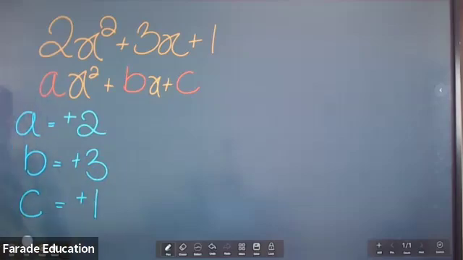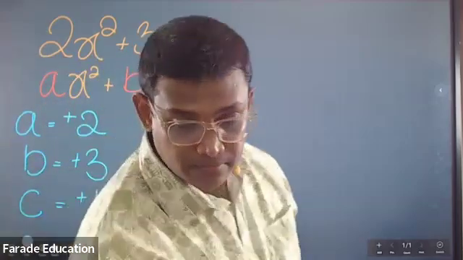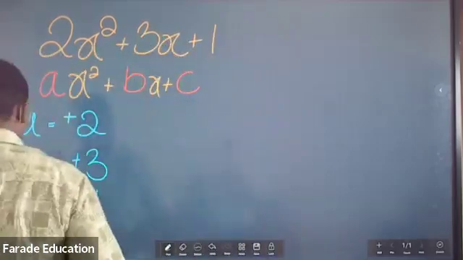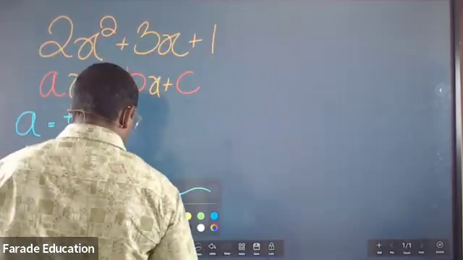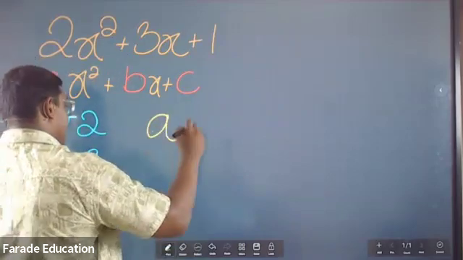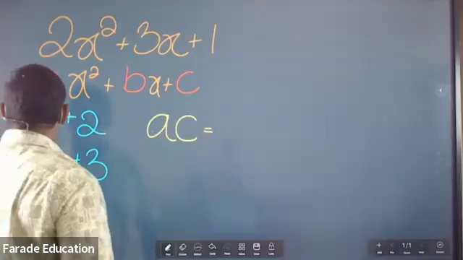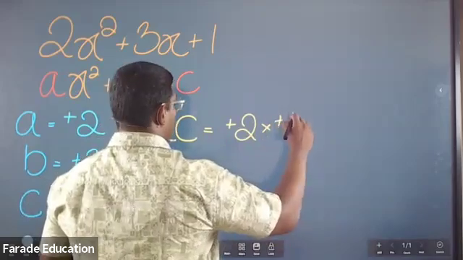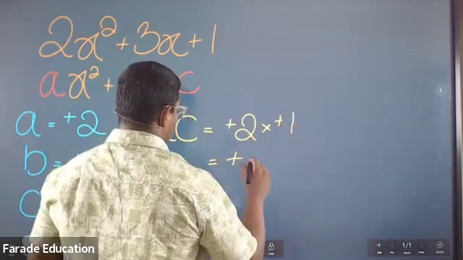Plus 1. So I'm converting my equation to ax squared plus bx plus c to identify what is a, b, and c. After I identified it, what I do is, I will multiply a and c together. A is plus 2, c is plus 1. The answer is plus 2.